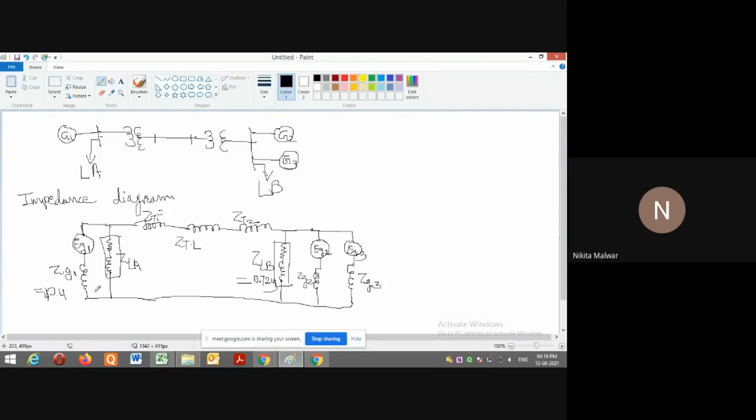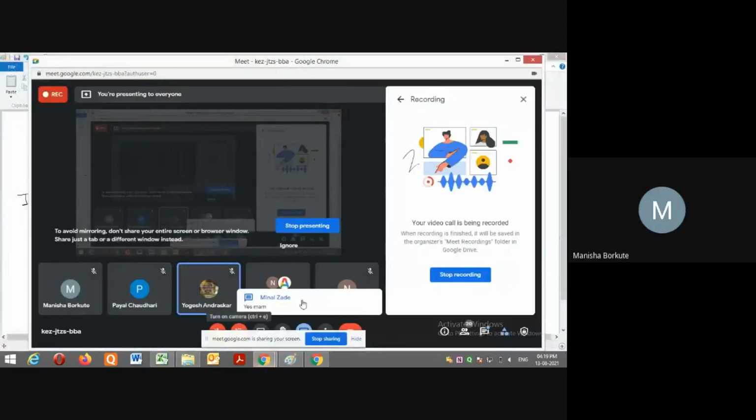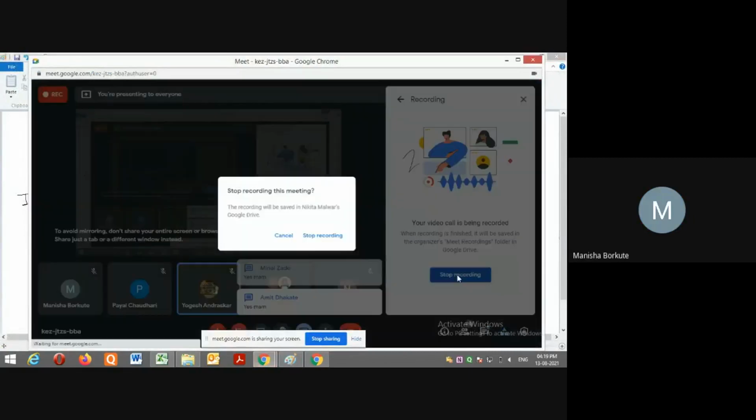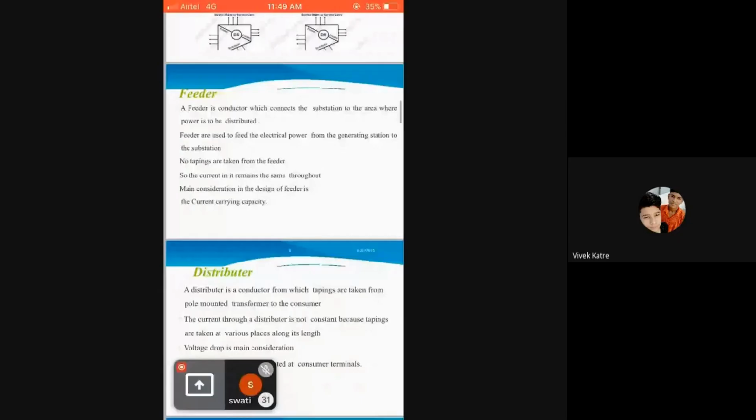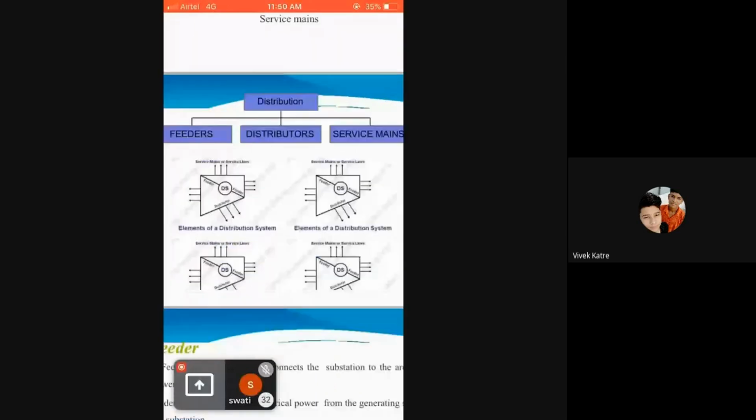So the impedance diagram representation is shown in such a way. So everybody got it? Yes, ma'am. So we have started unit 3, which is elementary distribution scheme.